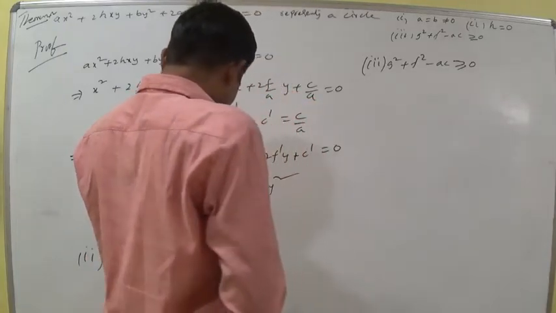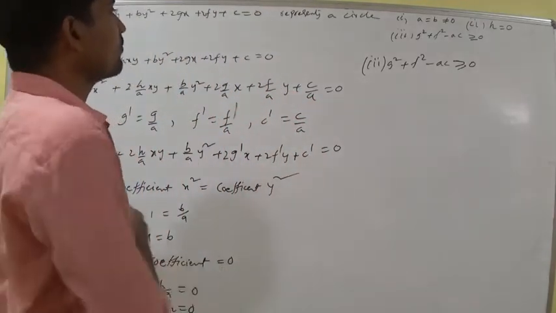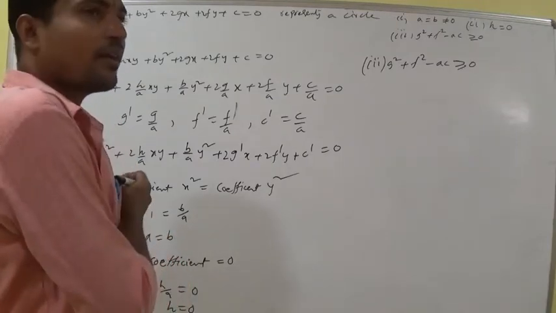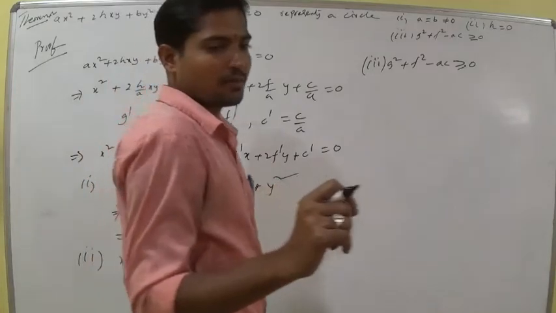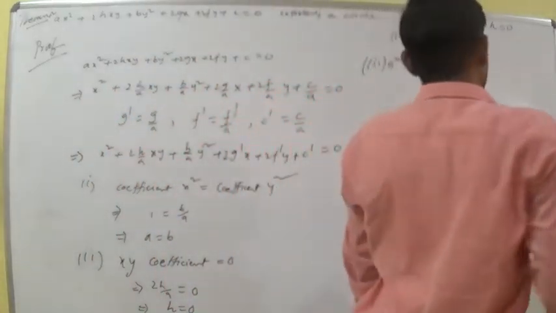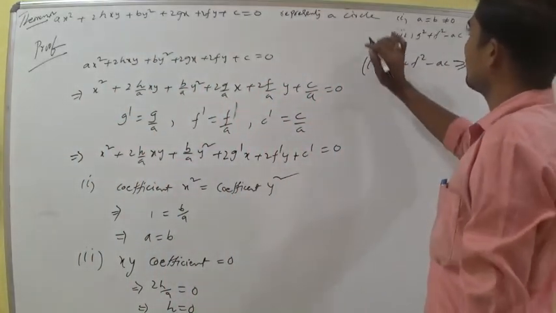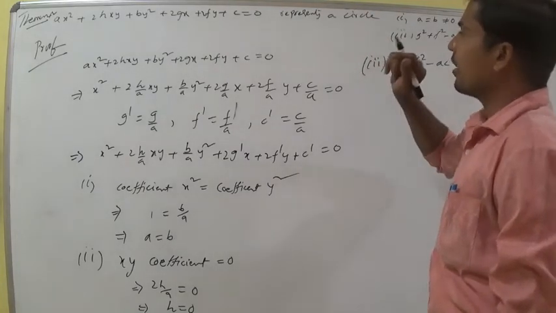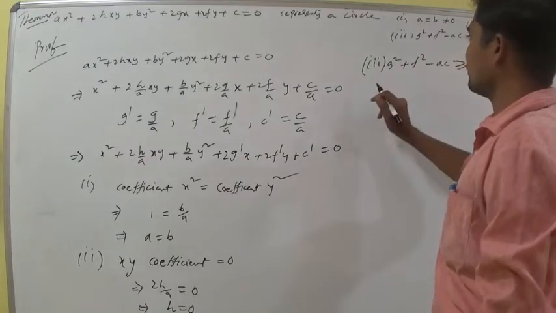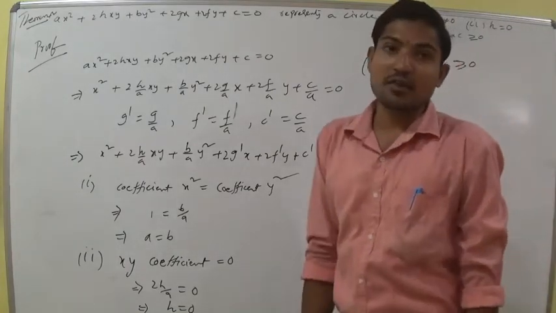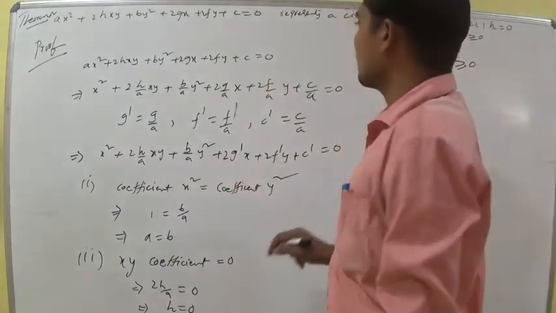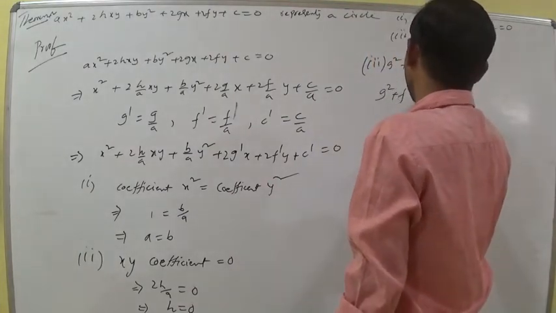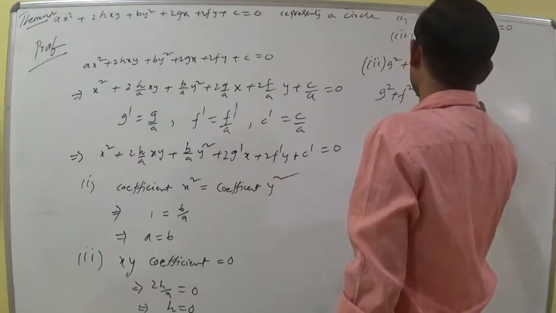What is the radius here? As per our knowledge, before what we proved, the radius is greater than or equal to 0. That means g² + f² - c ≥ 0.